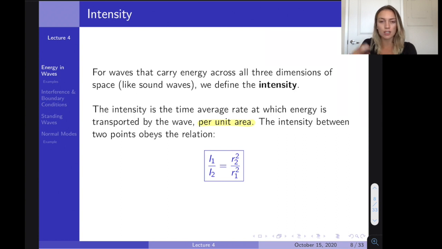So it has this additional area factor that we have to worry about. And if we're comparing the intensity between 2 points, we have this relation. I'll show you how to derive that in a second. So this is how the intensity between 2 points is related when you have a single point source giving off some energy, and it goes in all 3 directions.